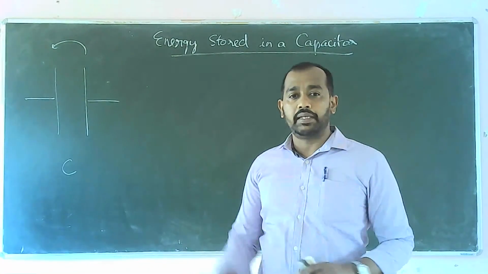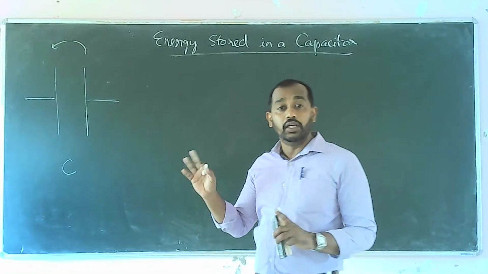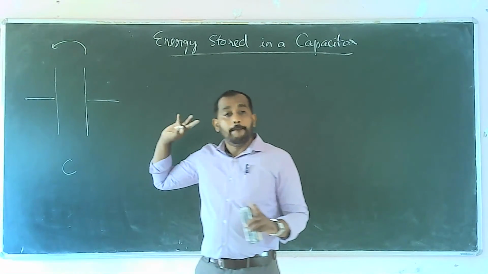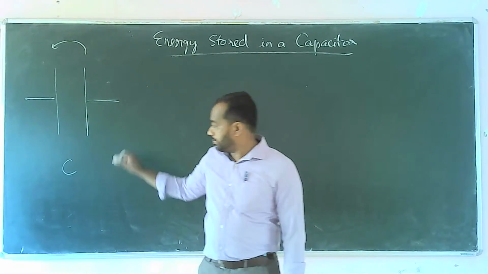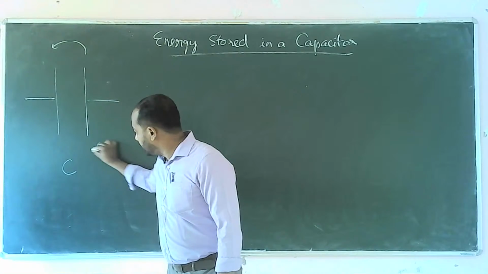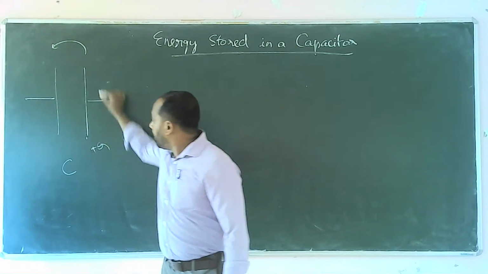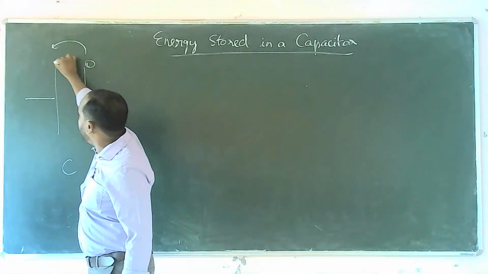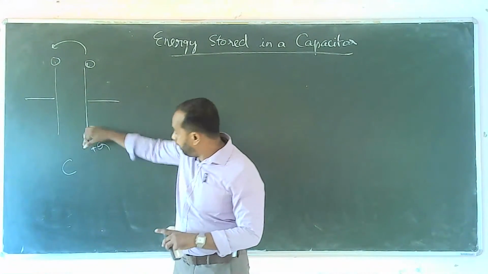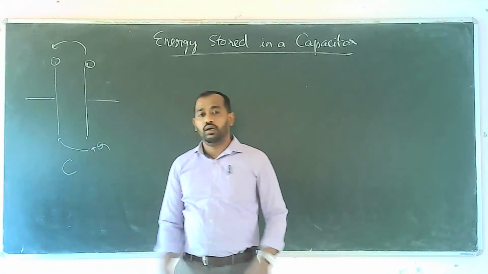When we charge the capacitor, we assume that plus Q amount of charge is transferred from this plate, which I will call the second plate, with the other one the first plate, from the second plate to the first plate.